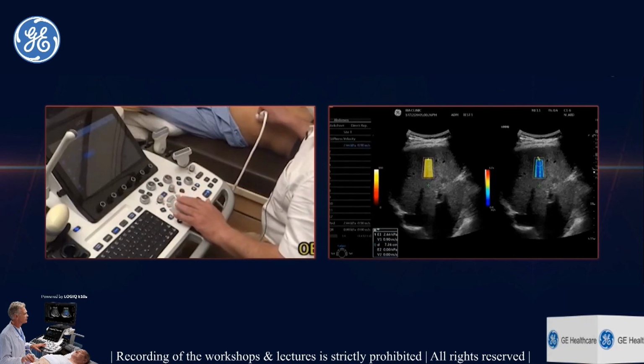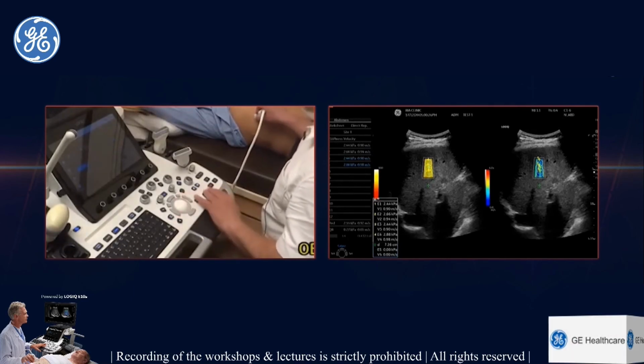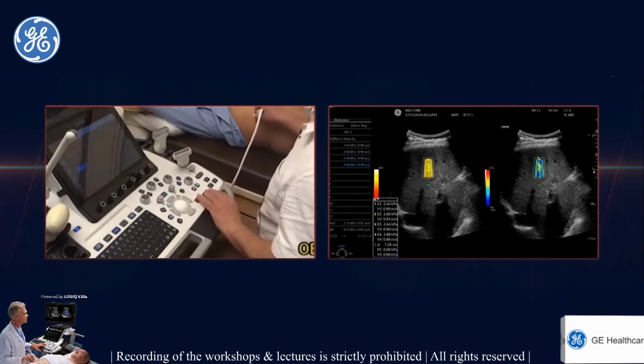And you can see that we take the measurements in that box. You can take multiple measurements, and it's roughly coming in the normal range. So we get measurements both in kPa and meters per second.